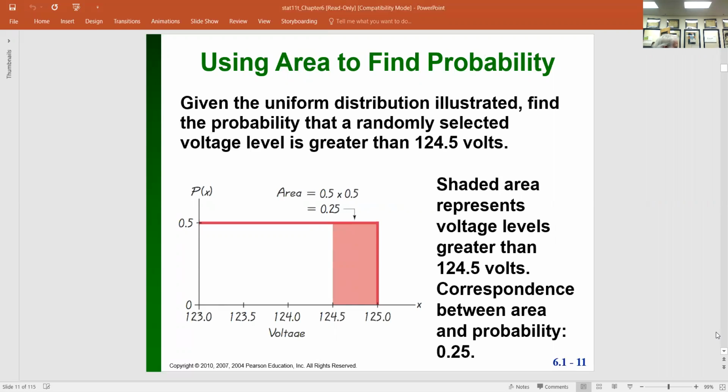We can relate the shaded area to a percentage of the total. That's pretty easy to see.